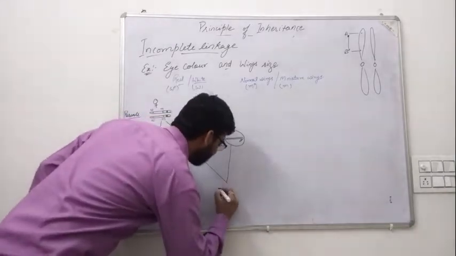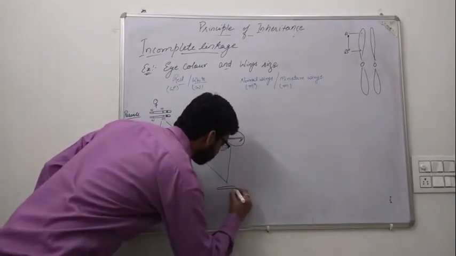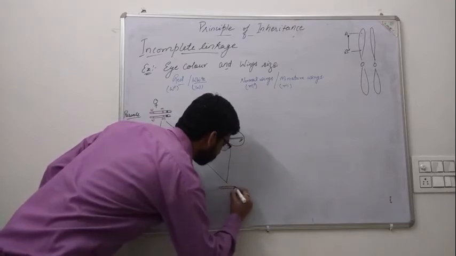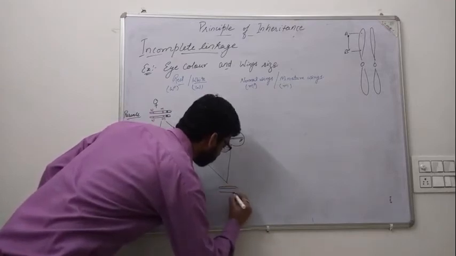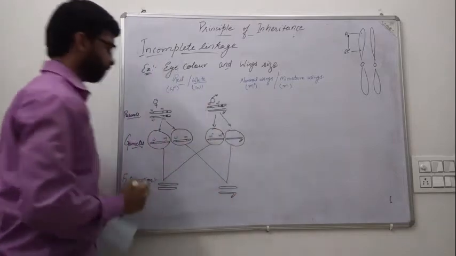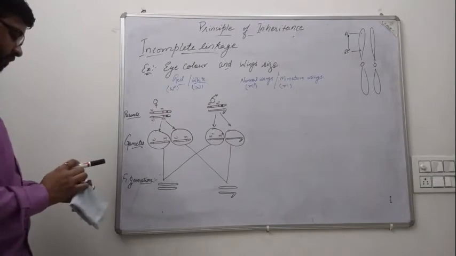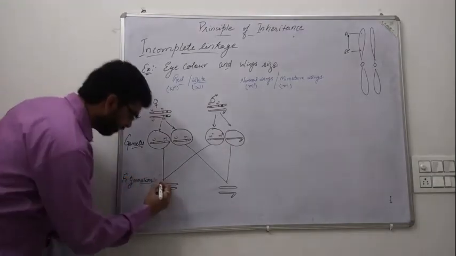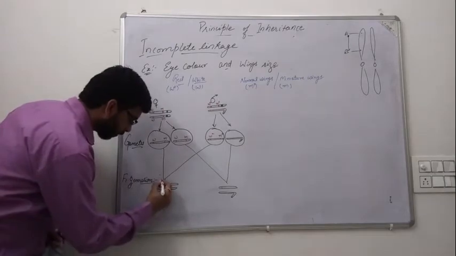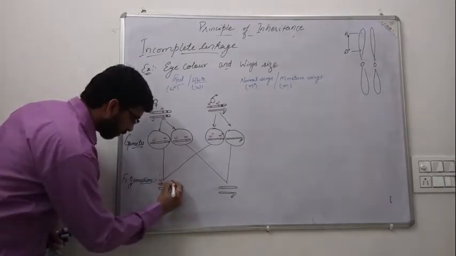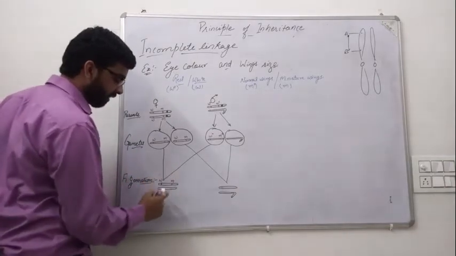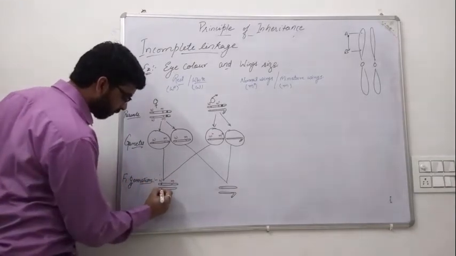the egg with the recessive characters is crossed with the sperm with a Y chromosome. Here W represents the white eye color and M represents the miniature wing.